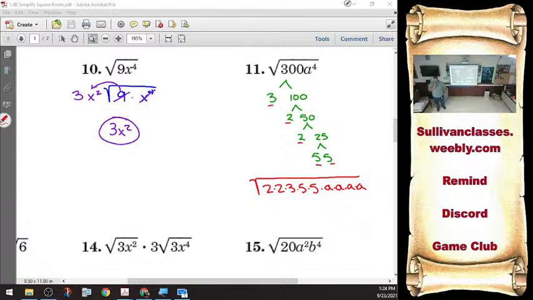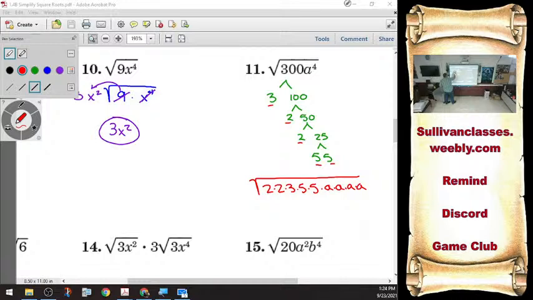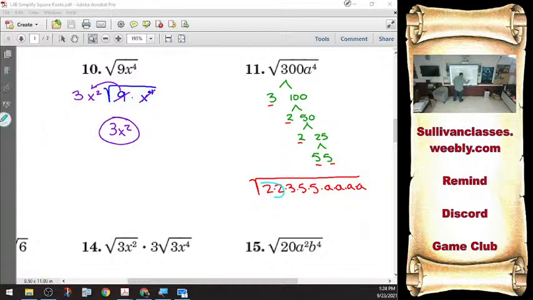Okay. Do I see any pairs in there? Every time you run across a pair, take it out. 2, 5, A's, A's.